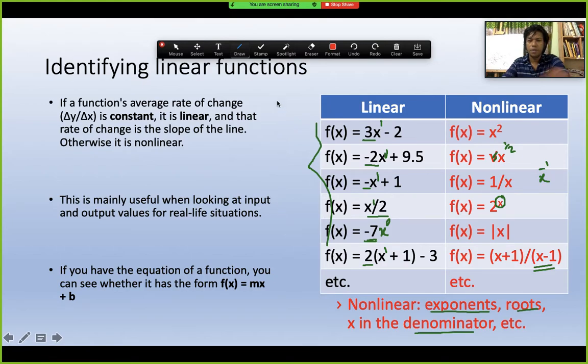And for nonlinear, if you graph them, it will not be a straight line. They will be curved. They will go in different directions.